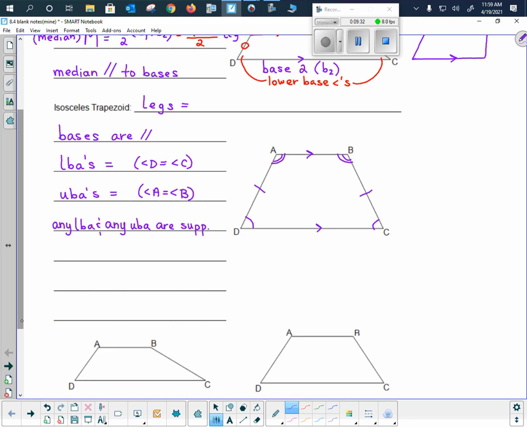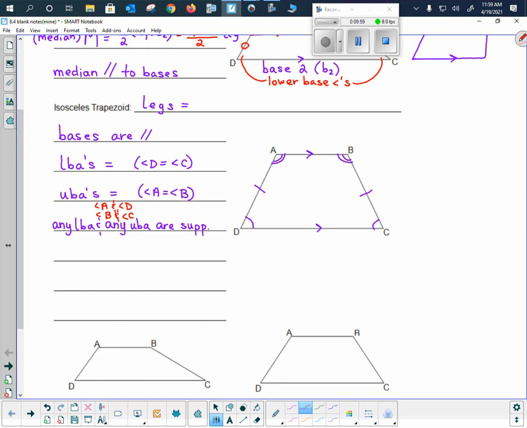And now if you kind of go through and make your pairs, well, we know if you stick on one side, it works, right? So we know that like angle A and angle D are supplementary. That's always safe for any type of trapezoid. So is angle B and angle C, safe for any type of trapezoid, right?